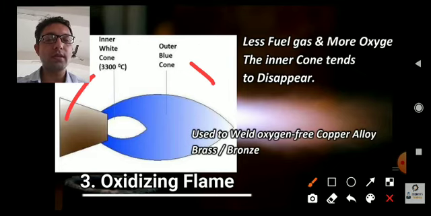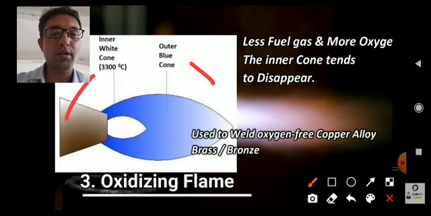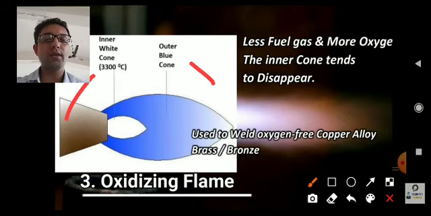The inner white cone is at 3300 degrees centigrade, higher than the previous two, and the outer blue cone is the same as in the neutral flame. With less acetylene and more oxygen, the inner cone tends to disappear and cannot be seen with the naked eye. This oxidizing flame is specially used to weld oxygen-free copper alloys, that is brass and bronze. Whenever we join brass and bronze, both soft metals, we use this oxidizing flame.